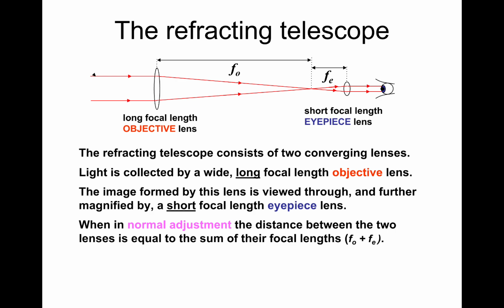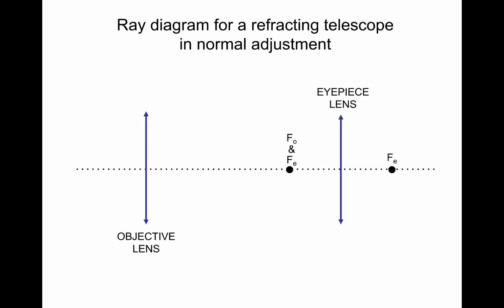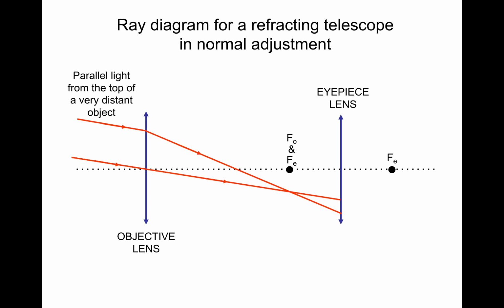Next we're going to look at the ray diagram for a refracting telescope in normal adjustment. You've just got to learn this, and then in your exam questions it'll literally just say, sketch this ray diagram. So you need an objective lens and an eyepiece lens. Then parallel light from the top of a very distant object, as it passes through the objective lens, the ray at the top will refract slightly, and the one that goes through the optical centre will remain undeviated.